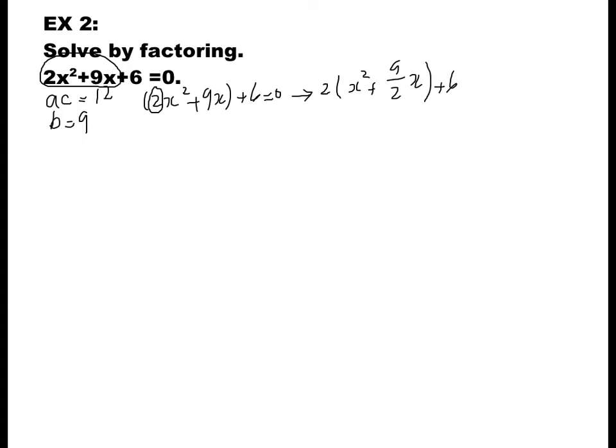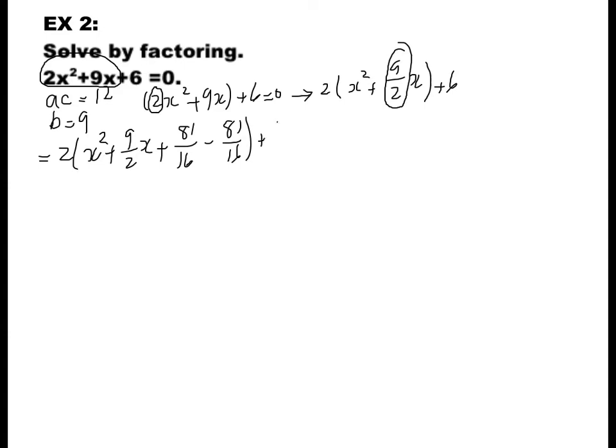Now half of 9 over 2 is 9 over 4. I add and subtract the square of 9 over 4. So the square of 9 over 4 is 81 over 16. So I'm going to write this one as equal to x squared plus 9 over 2 x plus 81 over 16 minus 81 over 16.